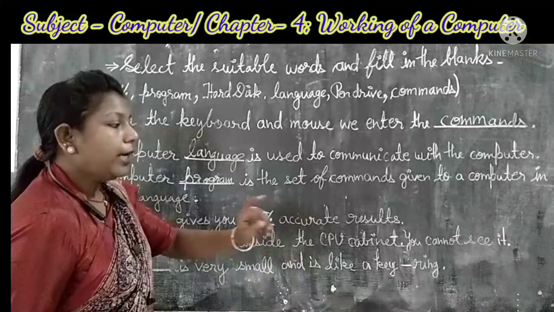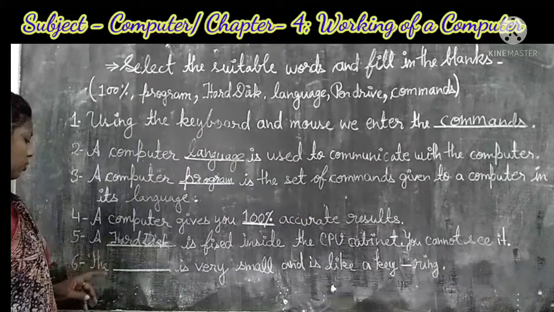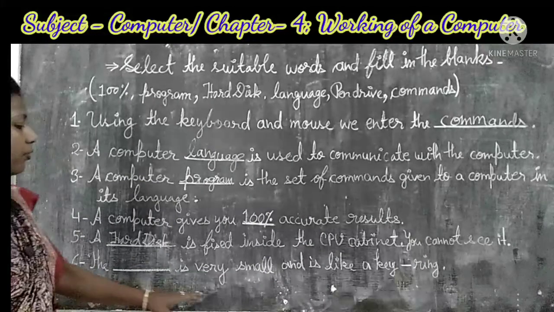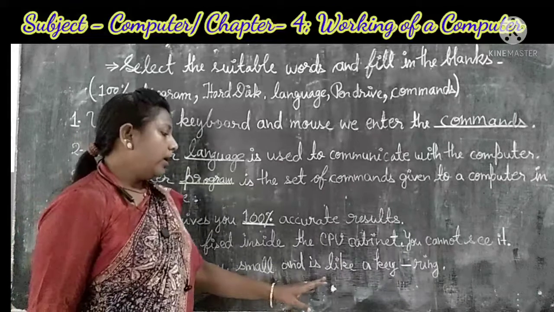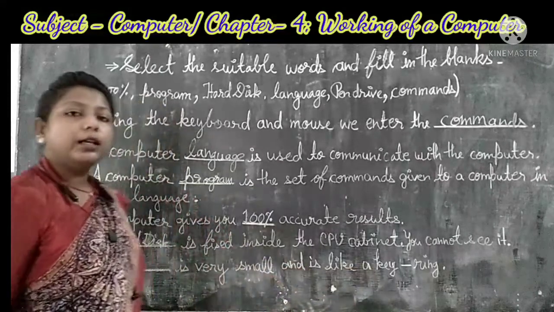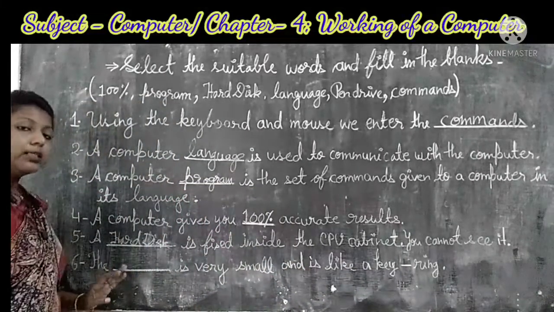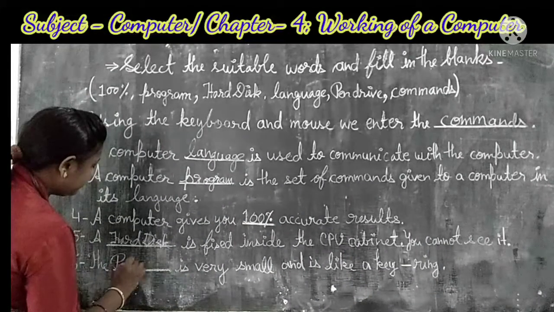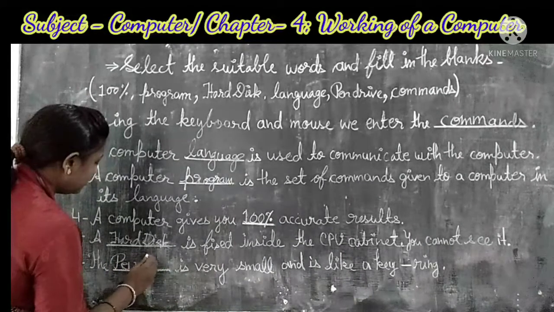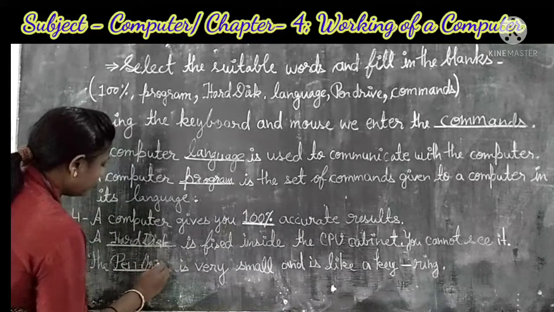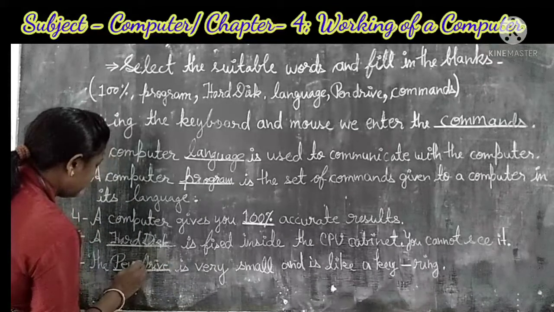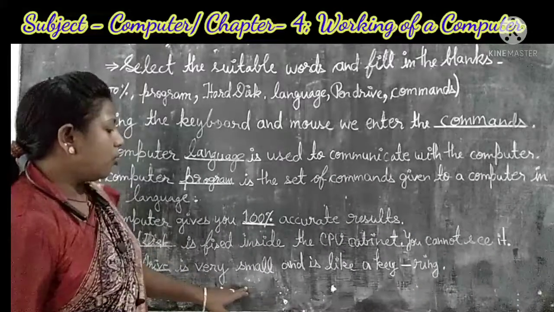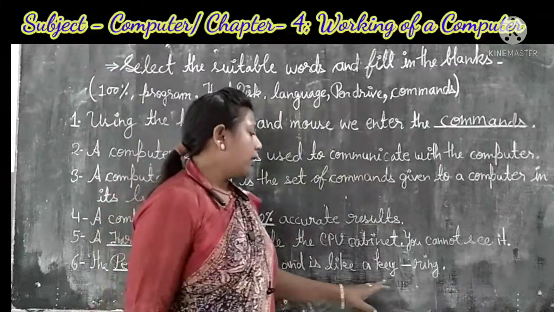You cannot see it. Okay? And your last and sixth line is, the dash is very small and is like a keyring. Your correct option is pen drive. The pen drive is very small and is like a keyring.